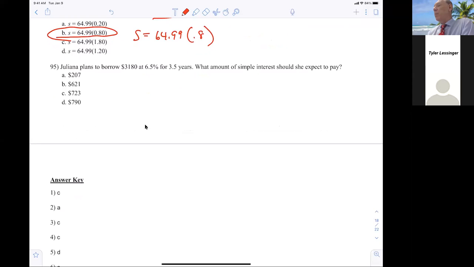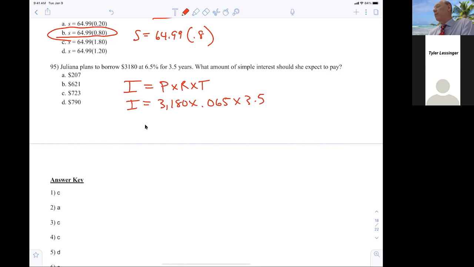All right. Interest. Now this is a formula. I equals P times R times T. I don't think I put that on the test, so you got to remember that. Interest is principal times rate times time. So I equals 3,180 times 0.065 times 3.5.